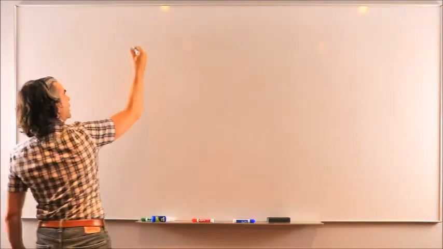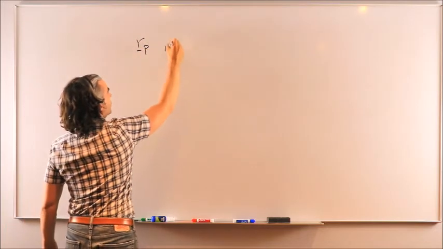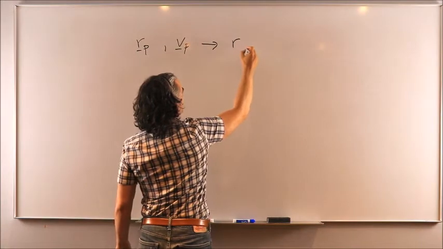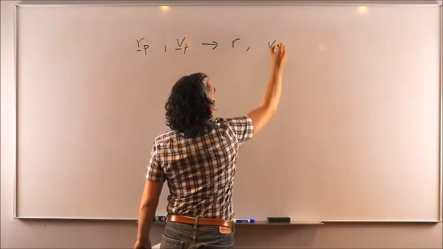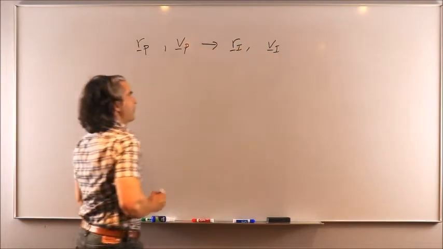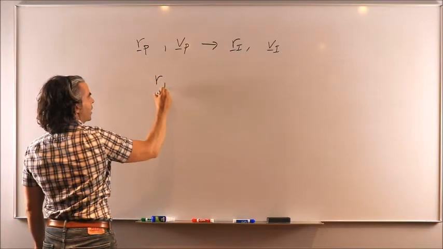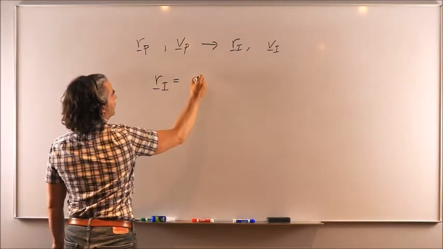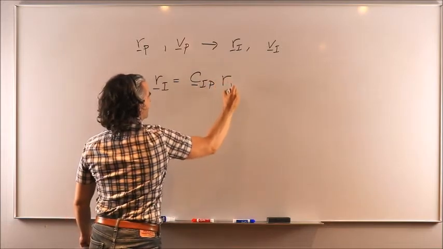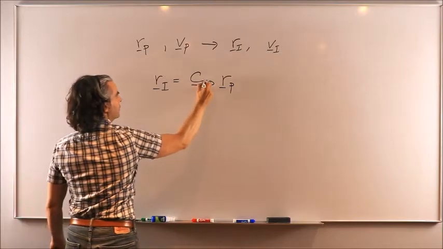So now the idea is to go from position vector in perifocal and velocity vector in perifocal to position and velocity vector, but seen in the ECI reference frame. Not a big deal, because we know our chapter 1 very well now. So all we have to do is to apply a rotation matrix that takes us from perifocal all the way to ECI.